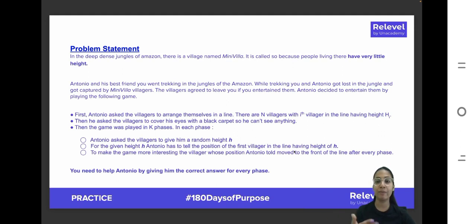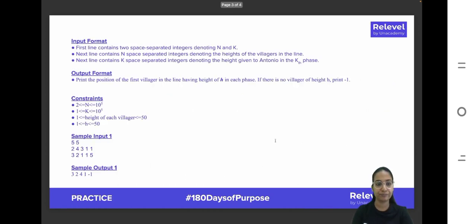There can be multiple villagers with the same height also, so you have to identify the first villager having the required height. Now to make the game more interesting, the villager whose position Antonio told moves to the front of the line after every phase or every query, and you have to help Antonio so that he gives the correct answer for every phase.